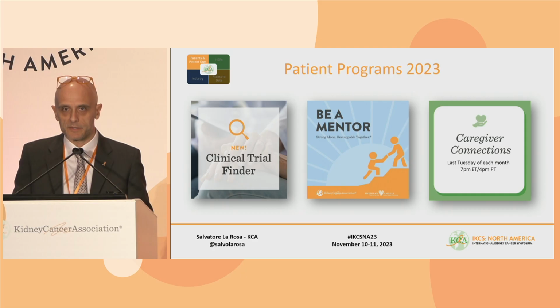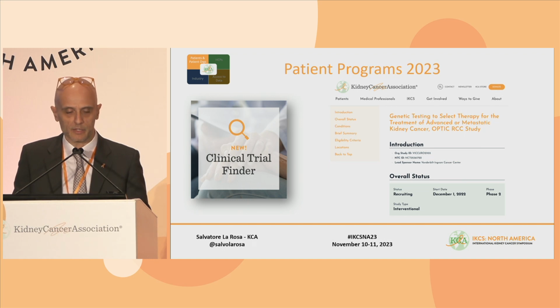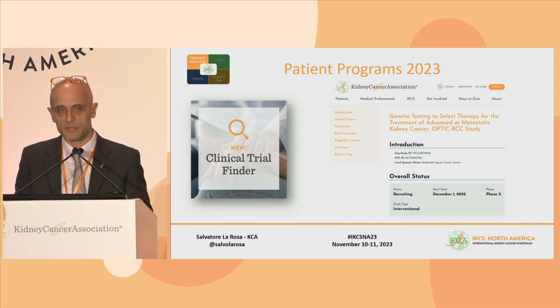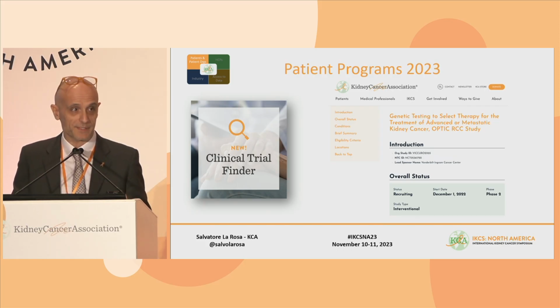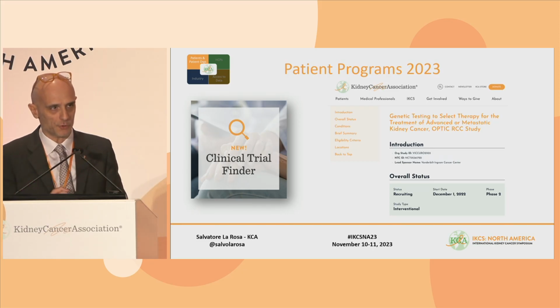I want to highlight 3 projects that we launched this year for our patient program. I'll start with the Clinical Trial Finder. This is a very simple tool that is on our website. Patients can go and look for clinical trials. It's categorized by subtypes, and we are already seeing a 2.0 version of this with improvements. But the key point is to simplify what the tool actually learned from clinicaltrials.gov.